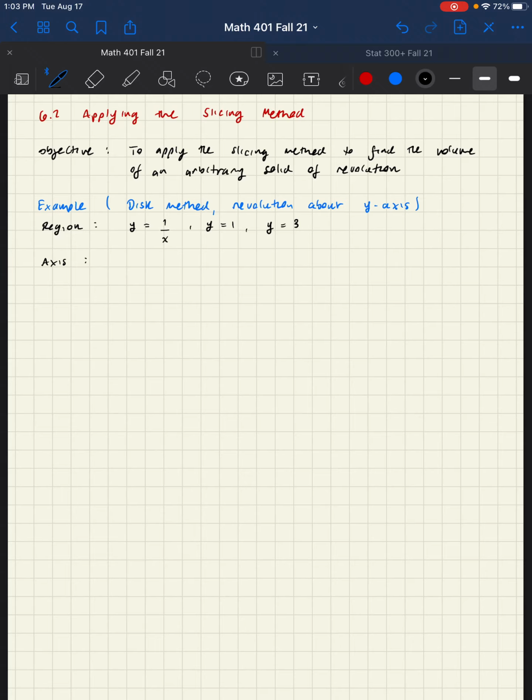And we're rotating this about the y-axis. So each one of these has an axis of revolution, and here the axis is the y-axis.